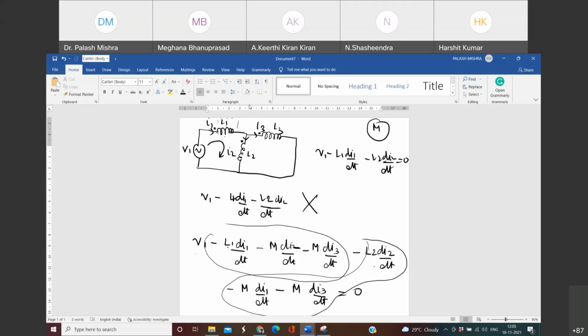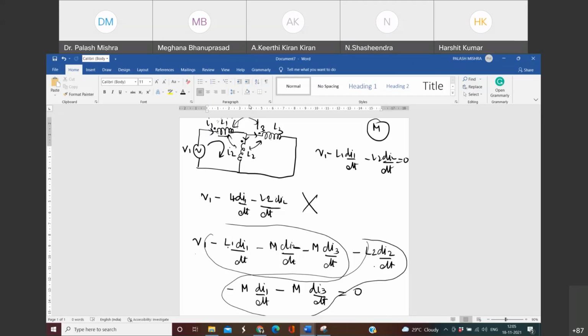Now, because they have told that these three coils are mutually coupled with each other, the flux which is linking one coil is affecting the other coils also. Suppose coil 1 is taken, so coil 1 is linked with coil 2 and coil 3 also. Because of the flux in these two extra coils, there will be a mutual inductance in the first one also.